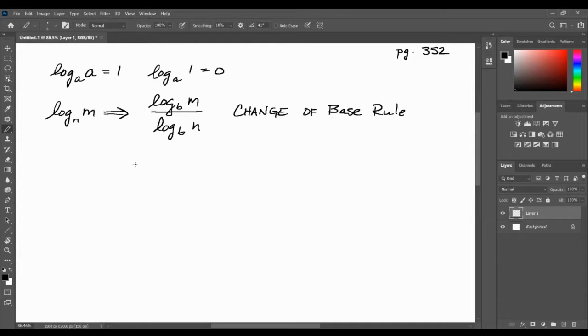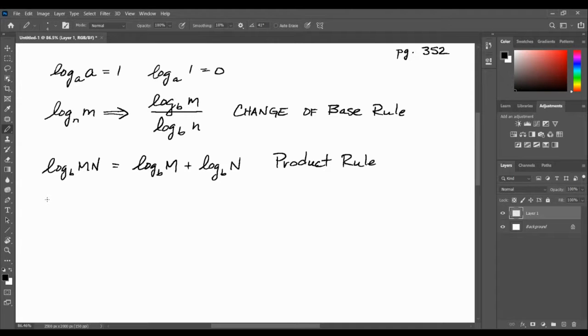We've got the product rule, and that states that log base b of mn is the same as log base b of m plus log base b of n. That's our product rule.